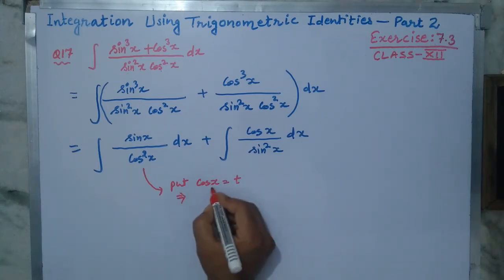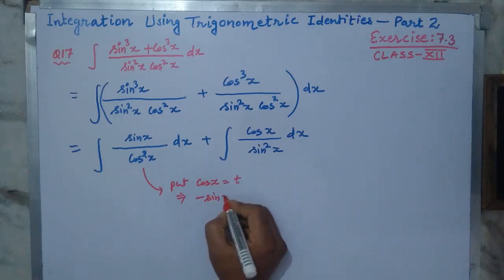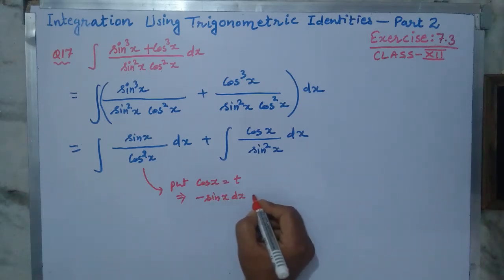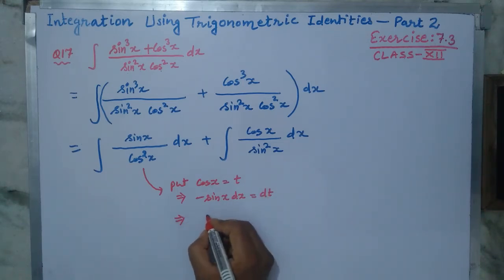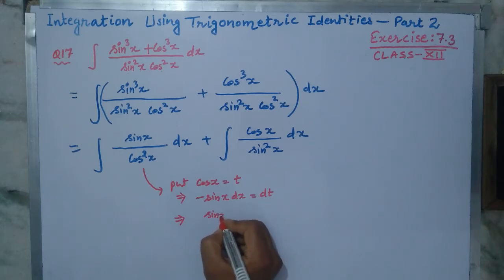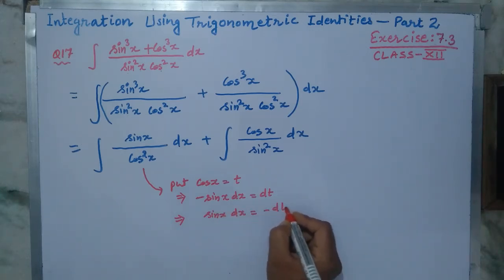So this means we have minus sine of x into dx is equal to dt, or we can say sine of x into dx is equal to minus dt.